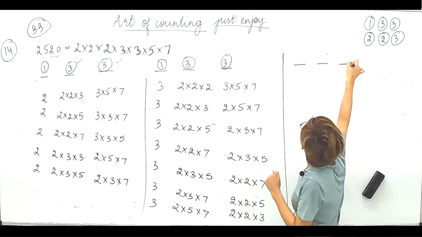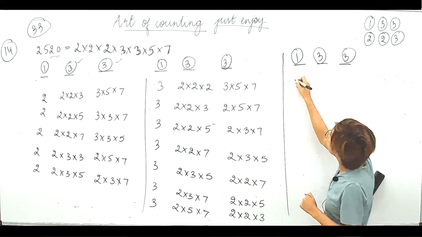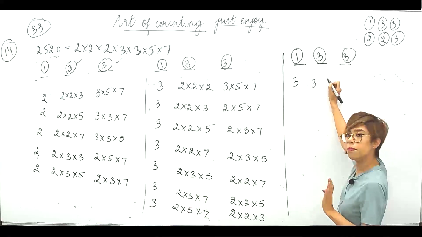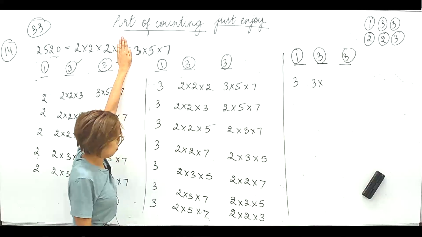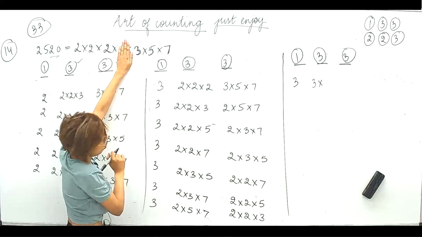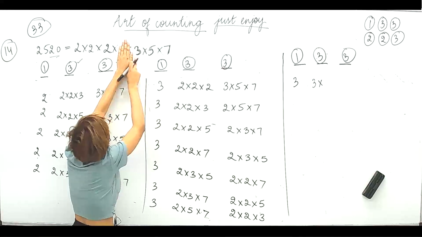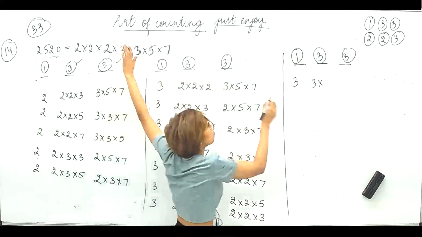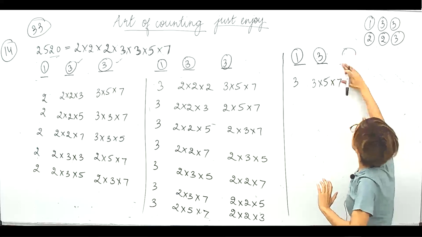So this is 1, this is 3, this is 3, right? So 3 here. Now 2 ones are exhausted. So let's start with 3. Right, so 3 into, I have to be careful now, 3 into 2 into 2 लूँ, already considered है, right? अब 3 पीछे नहीं जाते, आगे जाते, so 3 into 5 into 7, पीछे वाले तो already exhausted है, that's why.